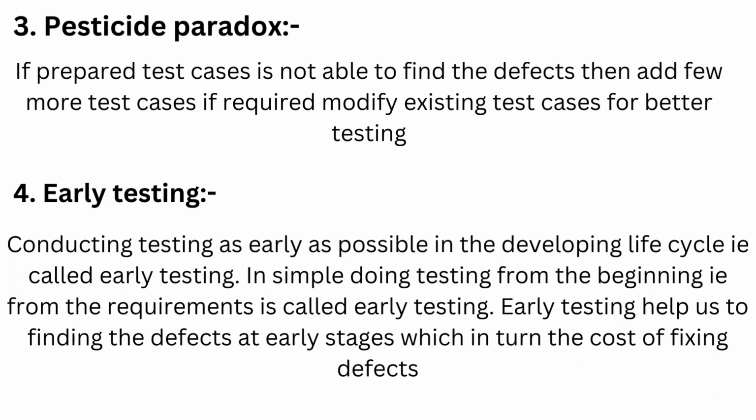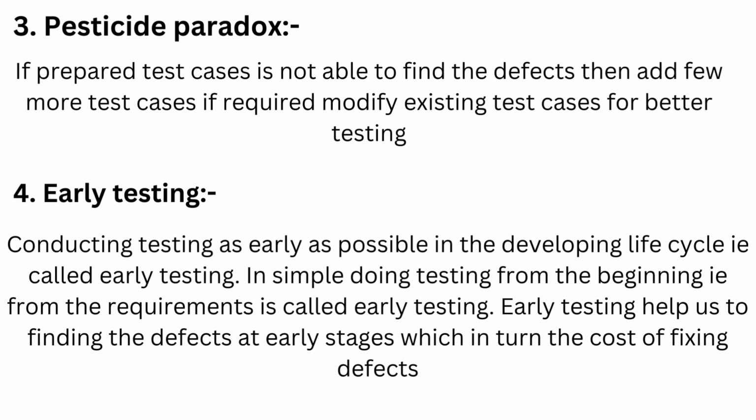For example, if I created 100 test cases and executed them, and I am not seeing any defects, then we need to add 5 or 10 more test cases in order to get the defects. Or maybe I can modify the 100 test cases into 50 test cases, but then we need to make sure that in those 50 test cases, we get the defects. That is nothing but the pesticide paradox, meaning we need to add more and more test cases until we find the defects.